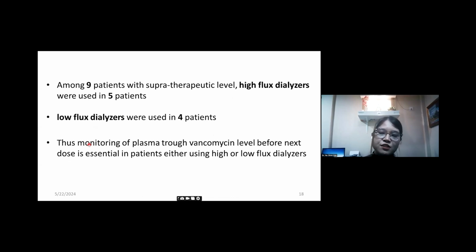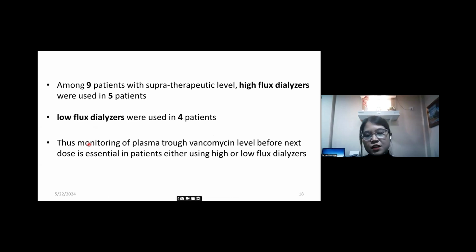Another point to be considered is the type of dialyzer used. Vancomycin is a large molecule, as mentioned earlier. Only high-flux dialyzer can remove it out of the body efficiently. Among 9 patients with supratherapeutic level, 5 patients use high-flux dialyzer, whereas 4 patients use low-flux dialyzers.